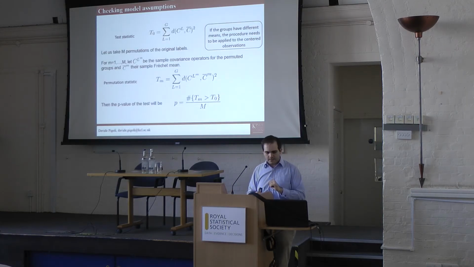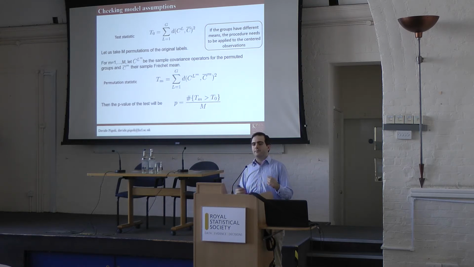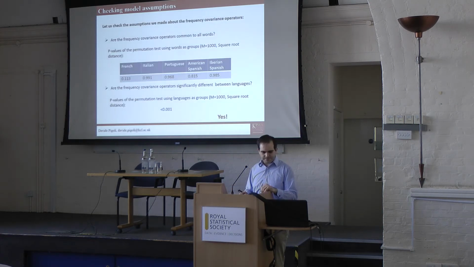Okay. And so once you have this, you can repeat the permutation test procedure exactly in the same way, using as test statistic the variation with respect to the center point. Because, of course, you expect that to be larger if the covariances are different, and to be smaller if the covariances are the same.